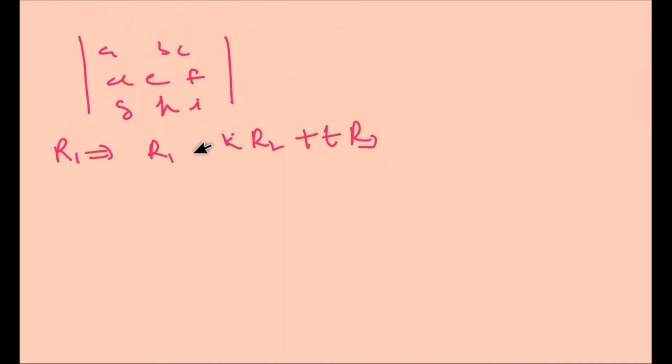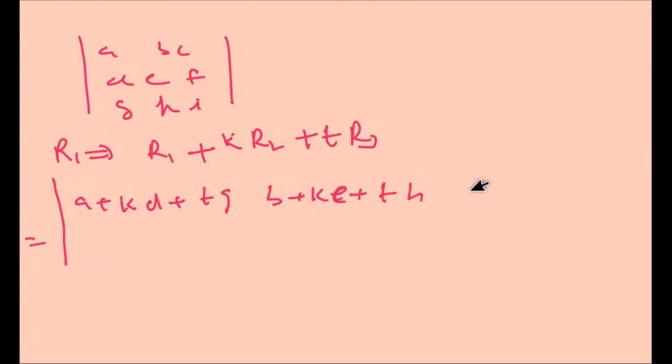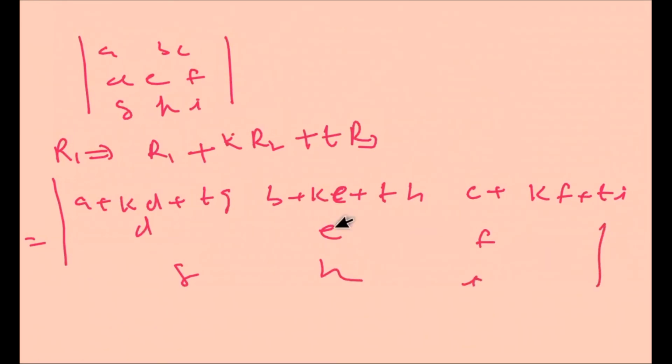If we want to change R1, R1 will change this way: a plus kd plus tg, multiplied here k and here g and added. Then b plus ke plus th, and c plus kf plus ti, multiplied by k, added t, then write the other rows d e f, g h i. This determinant has the same value.